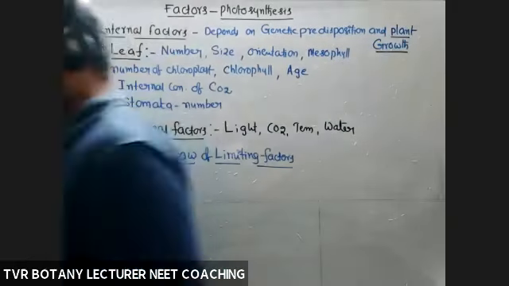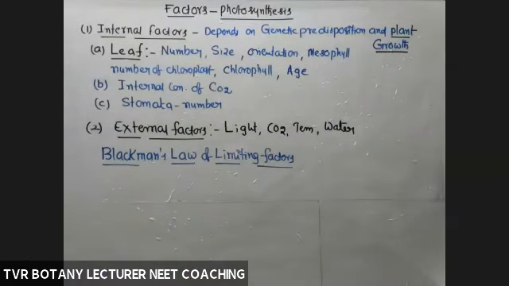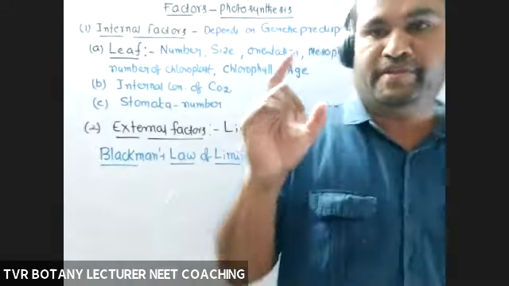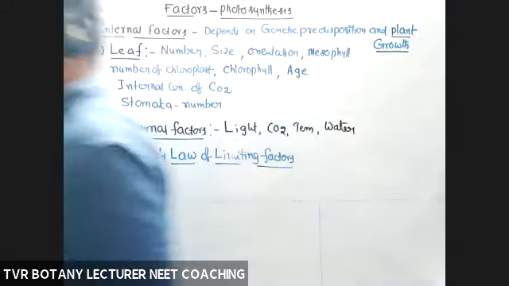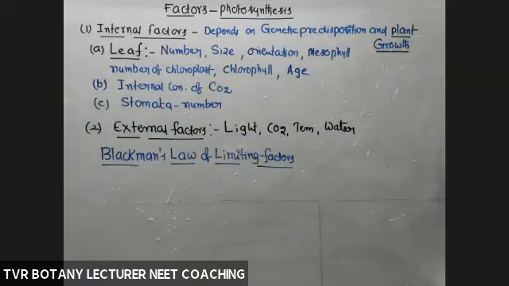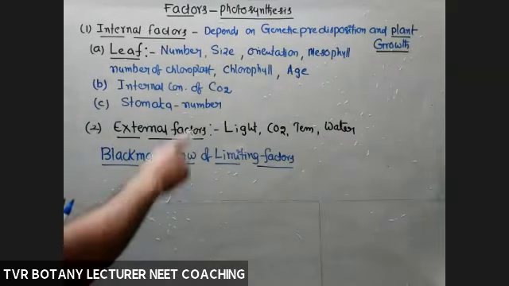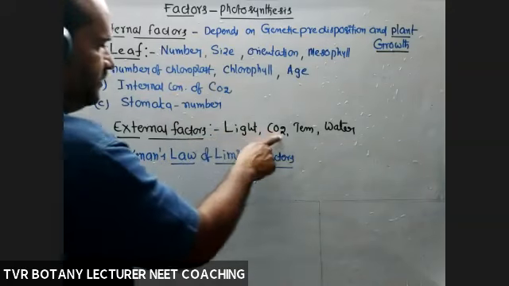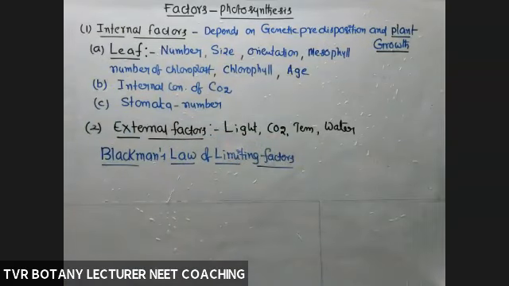A factor which is less available or below the required concentration, at a suboptimum level, that is definitely a limiting factor, able to limit the rate of photosynthesis.